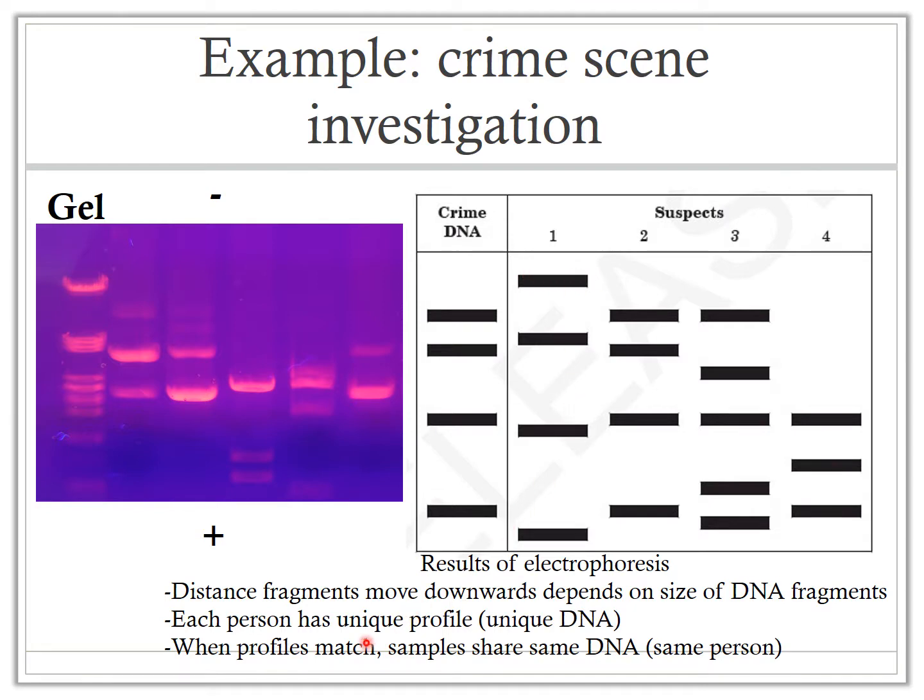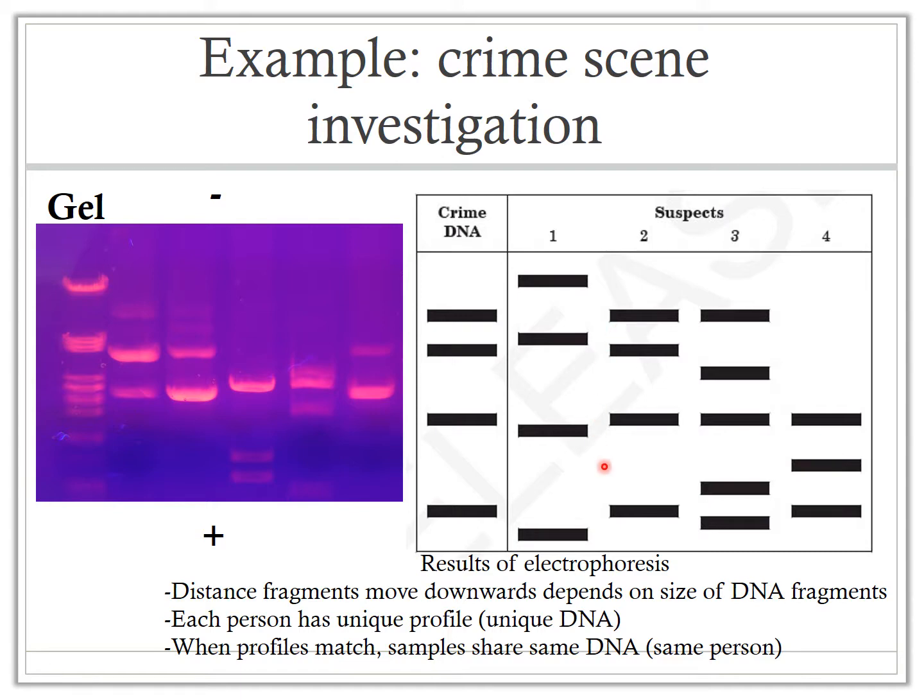Each person has a unique profile. So each of these are suspects, suspect 1 through 4. And each of these are their profiles, the differences in DNA. Each person is unique. Why? Because each person's DNA is unique from one another.